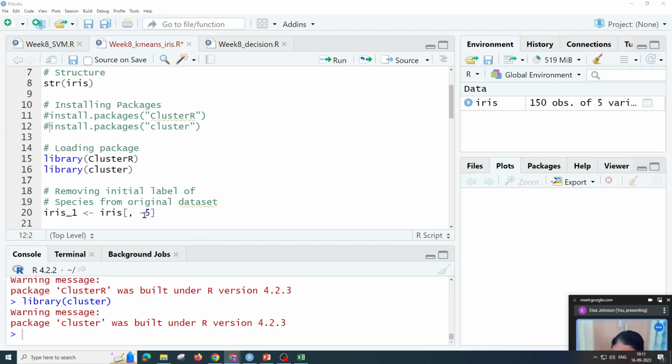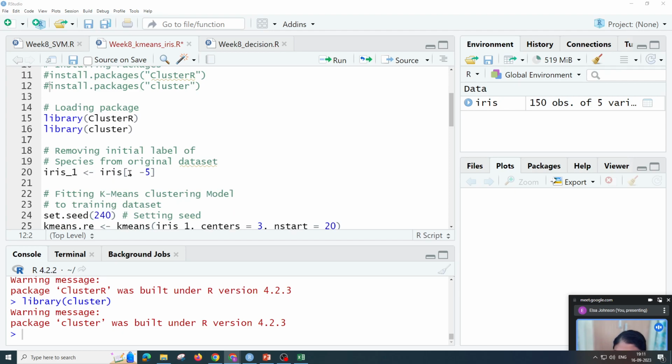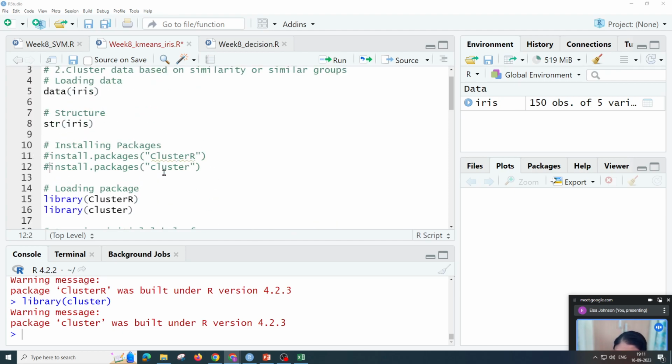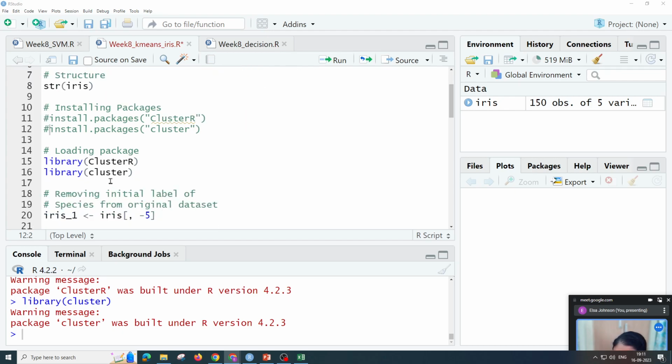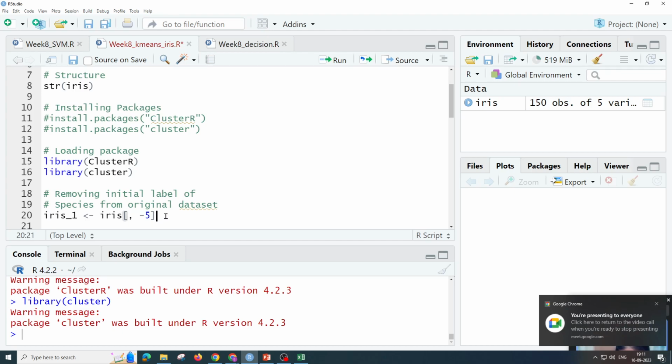So we were in this right now. We have installed the libraries cluster and factoextra. Since this is an unsupervised algorithm, for iris1 we'll give iris minus the label, because we don't want the label here.